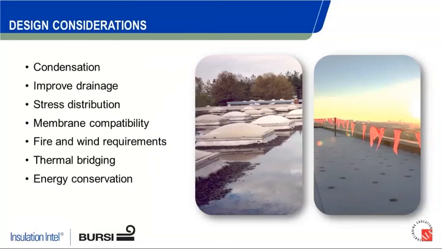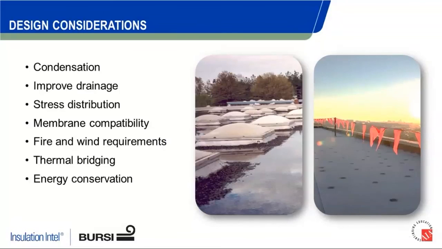When you think about your insulation system for your roofing assembly, there are a lot of things to take into consideration, starting with condensation. That's a conversation about a vapor barrier within that assembly, especially when your vapor drive is moving from inside the building to outside. We'll talk more about that. Improved drainage: are you including tapered insulation as part of your project to improve drainage on top of the roof?